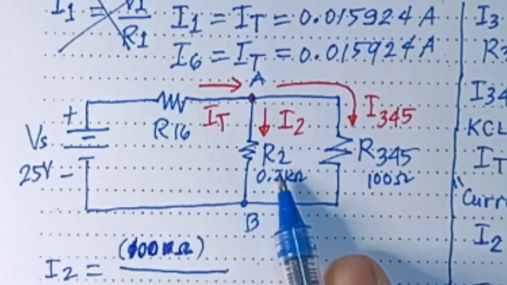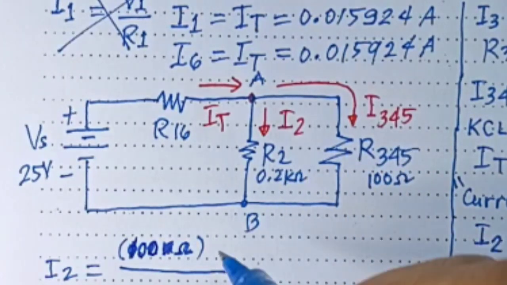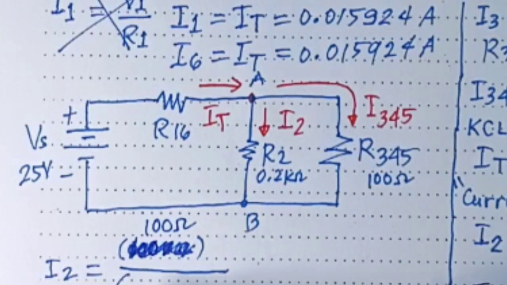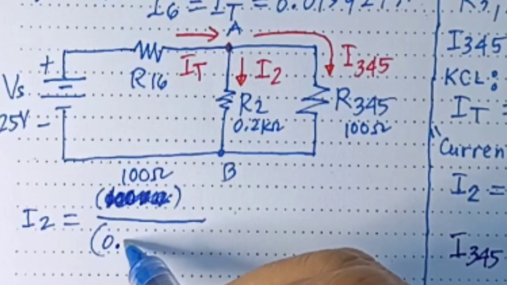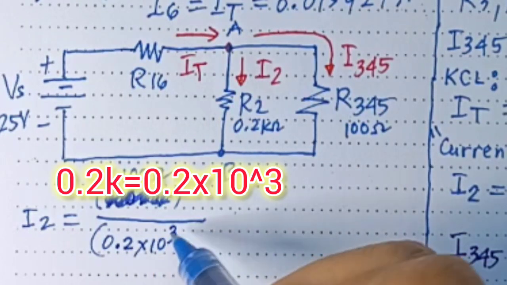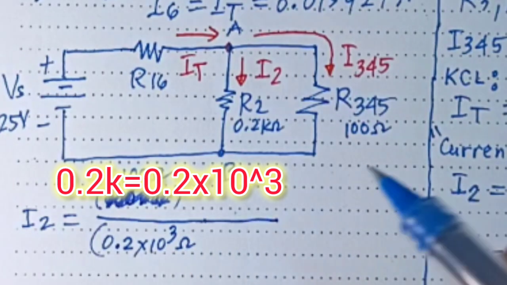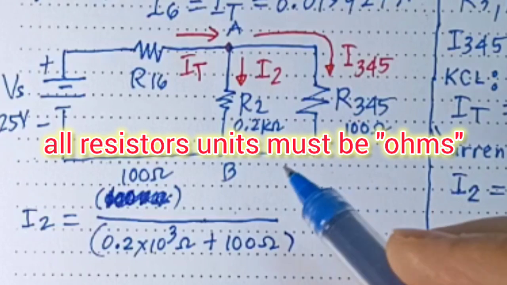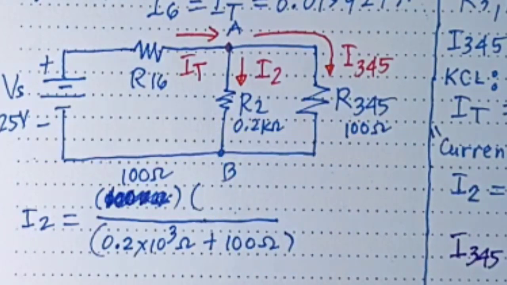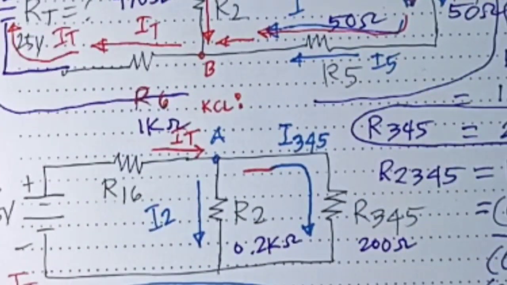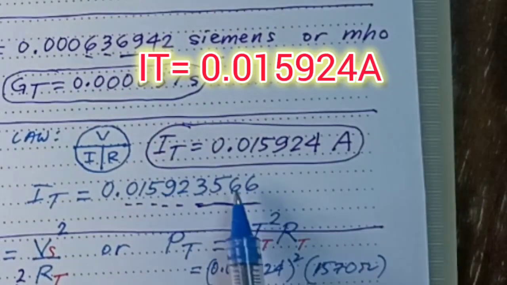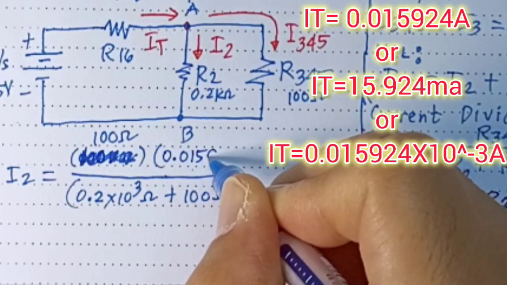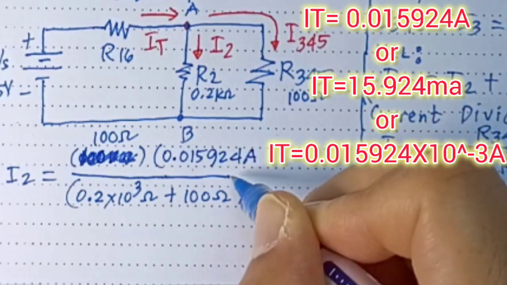You see, I2 is opposite R345, 100 ohms over the 0.2 kilo ohms plus R345, which is 100 ohms. Multiply this by the I total. What's our I total? Over here, 0.015924 amperes.